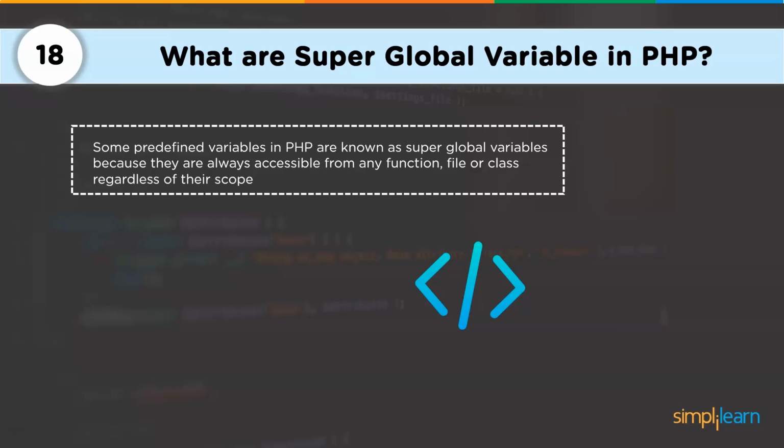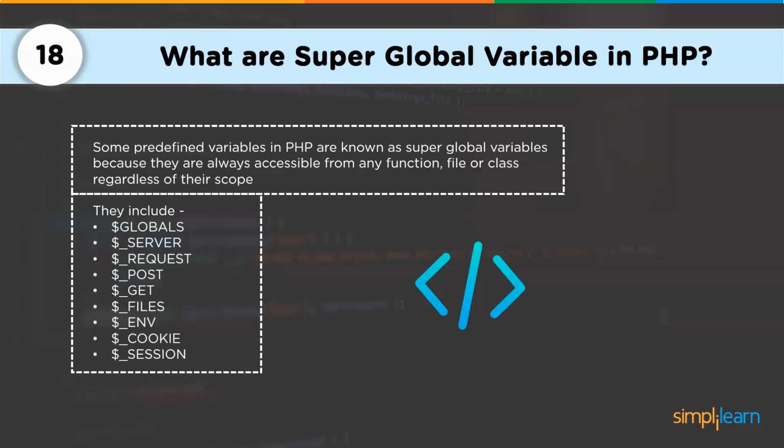Suppose you write a piece of code and you declare a variable inside it, it would be a local variable and could be accessed only in that part of the code. But superglobal variables are accessible throughout the entire code. They include globals, server, request, post, get, files, env, cookie and session.